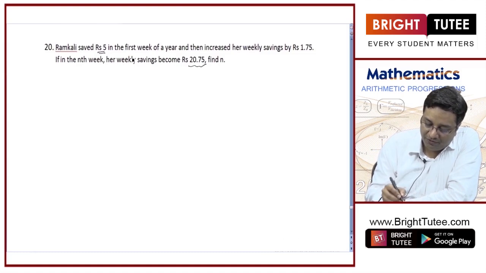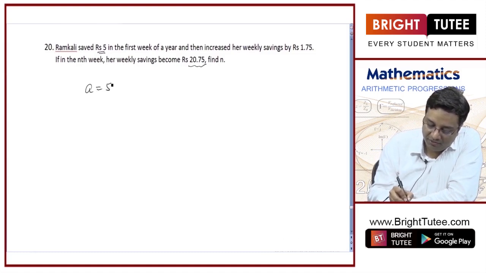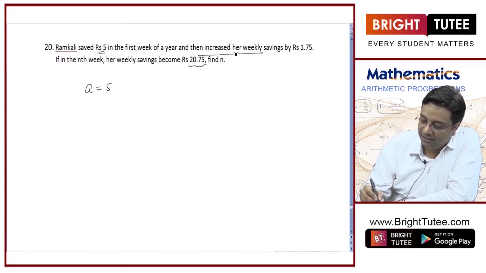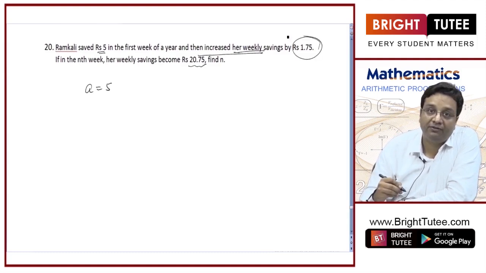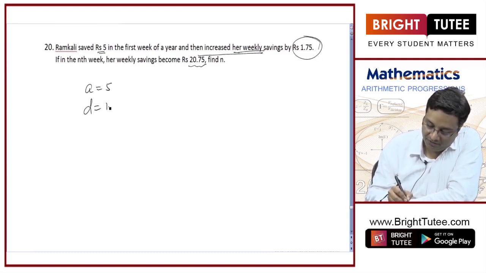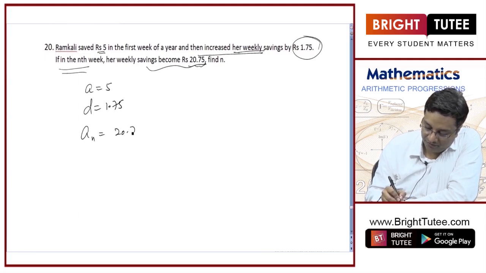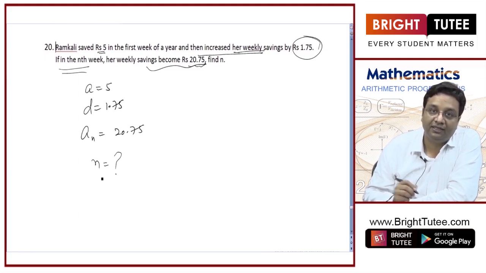She saved rupees 5 in the first week. So first term is 5. Then increased her weekly savings by 1.75. So the common difference is 1.75. In the nth week her savings were 20.75. So AN is given as 20.75 and we just need to find out N, right?